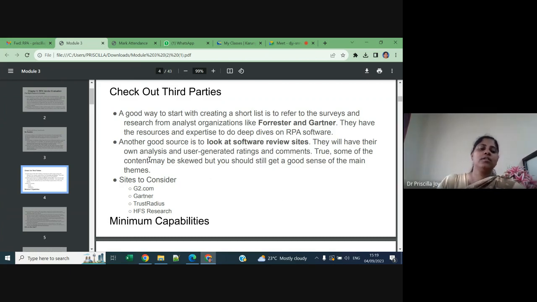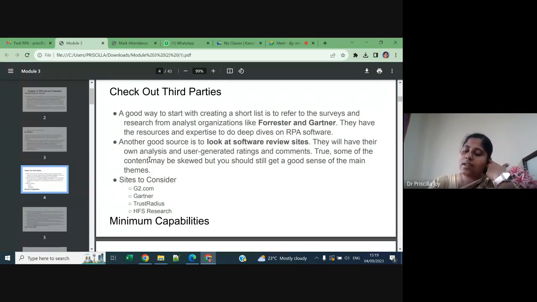Okay, so the sites which we are considering are g2.com, Gartner, TrustRadius, HFS Research. So these are some of the sites we can consider for such analysis as well as for the improvement of the software.